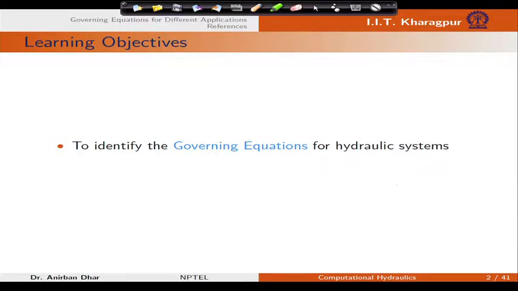So, what are the learning objectives? To identify governing equations for hydraulic systems. In this particular lecture, we will try to identify the governing equations related to hydraulic systems.